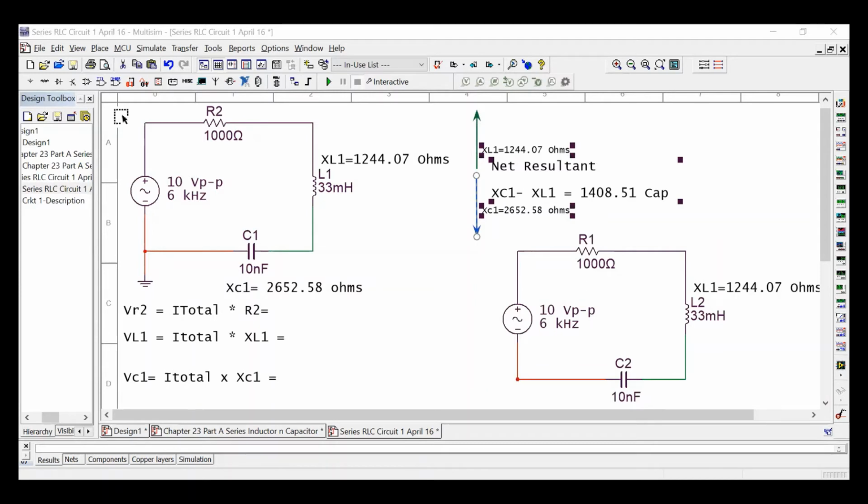This is where I have to take things out of here. So first of all, it's not inductive anymore. This is part one of what we have to do.